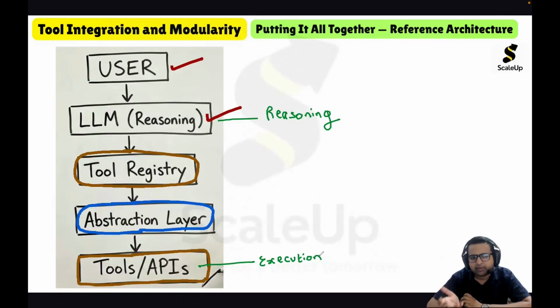It might call some third-party APIs, do some computations, processing, generate a response, and send that response back to the large language model. So this is how tool integration and modularity works. We can see a very clear-cut separation between the reasoning and the execution.